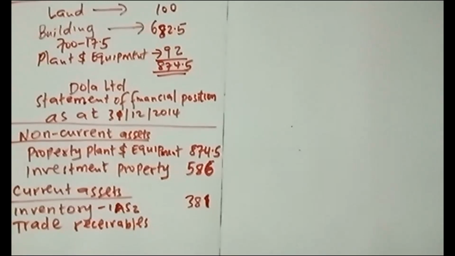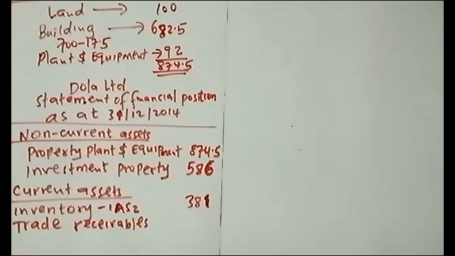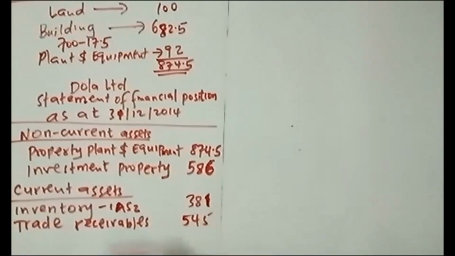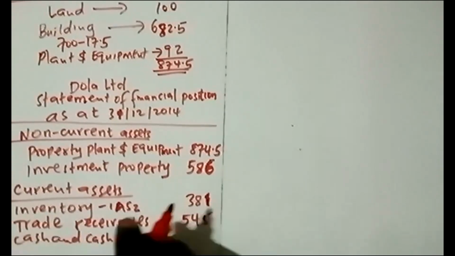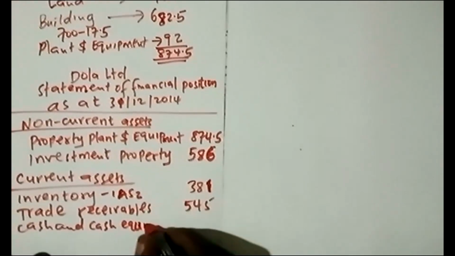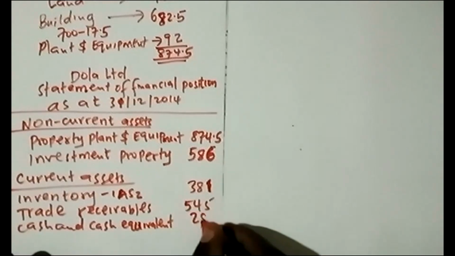Debtors, the trade receivable balance, was 545. Then I can see again the cash and cash equivalent there of 28.